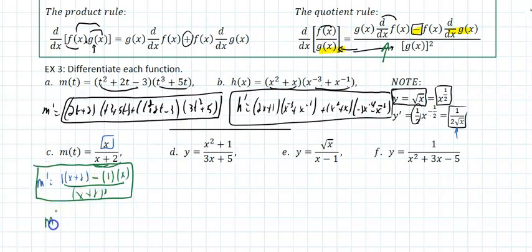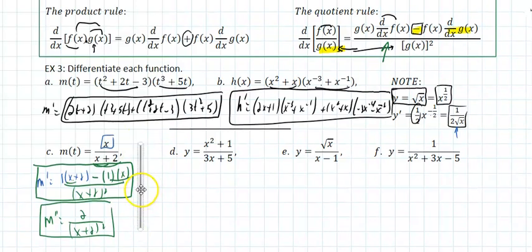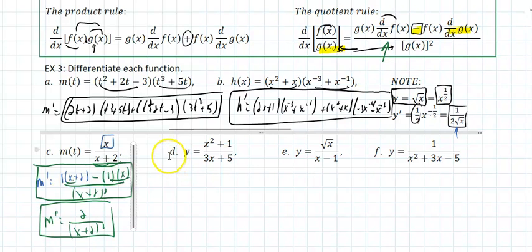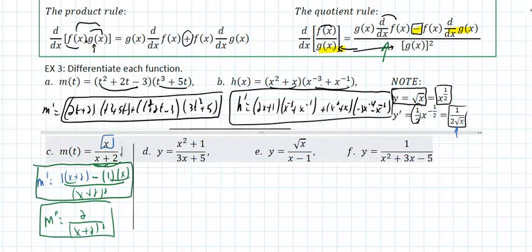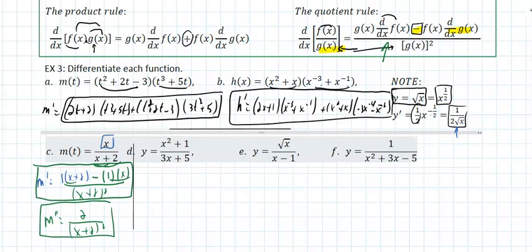For the homework, you're going to clean it up. X minus x, they're going to cancel out, so you're going to be left with 2 over x plus 2 squared. That would be the answer in the back of the book, and that's what you need to do on the homework. But for the exam, you just have to show me the calculus part for now. Same deal with that problem. That's the quotient rule.